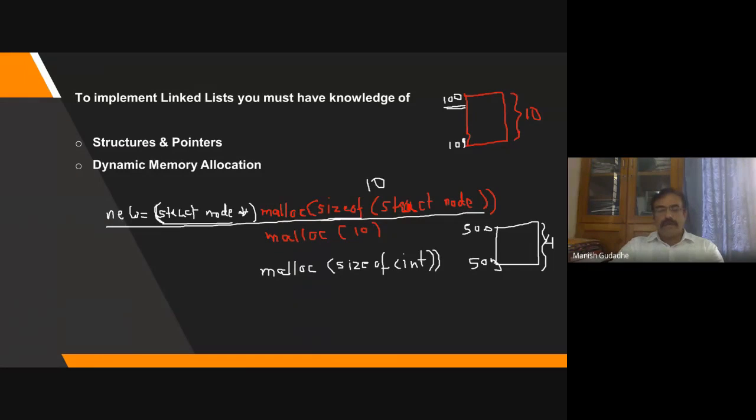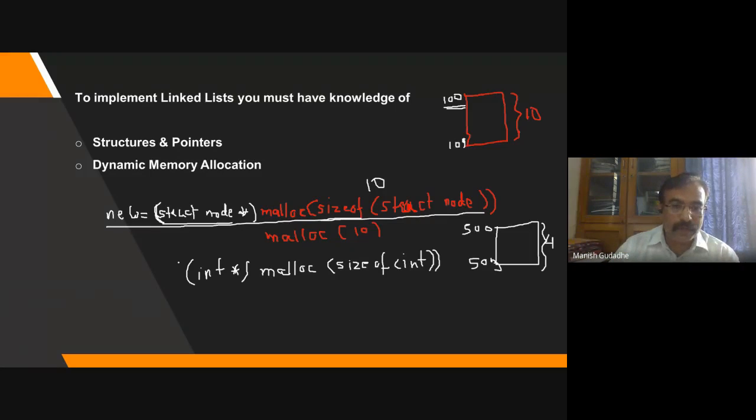After this allocation, I want to store an integer over there. So I need to typecast that pointer as an integer pointer. So when 500 is returned, it will not be a void pointer, it will be an integer pointer. So now I am sure that these 4 memory bytes which are allocated are going to store an integer.